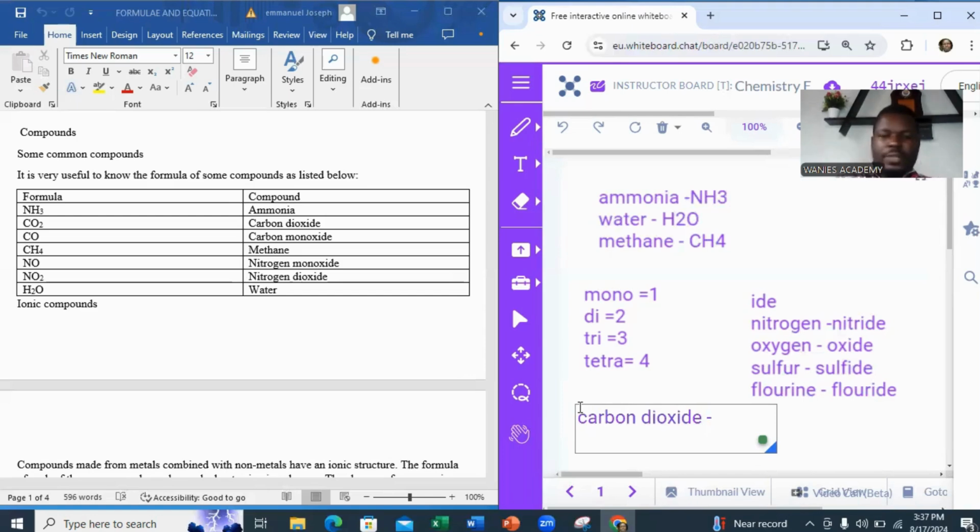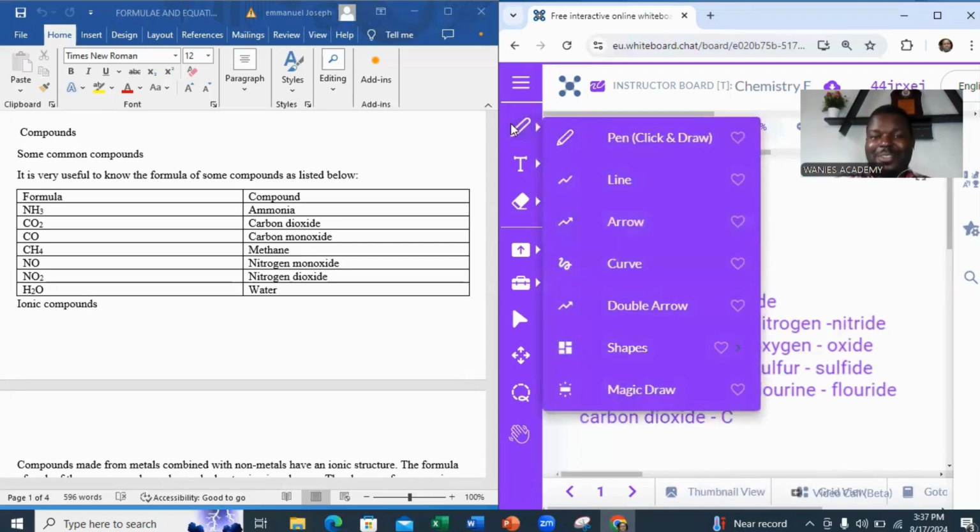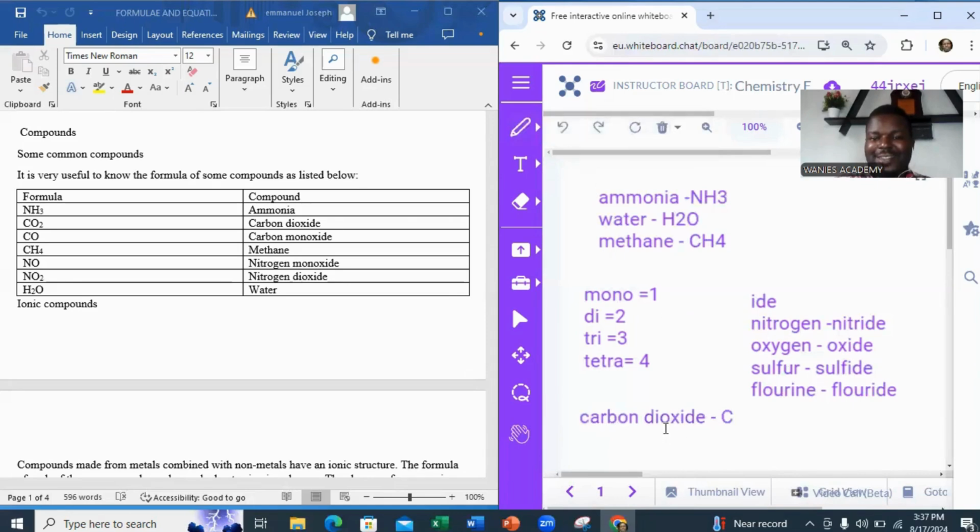From the name carbon dioxide, it's very easy for us to write the formula. From the word carbon, we already know the symbol for carbon is C. And for oxygen, because we have oxide here, which denotes oxygen, we just have to put our O here.